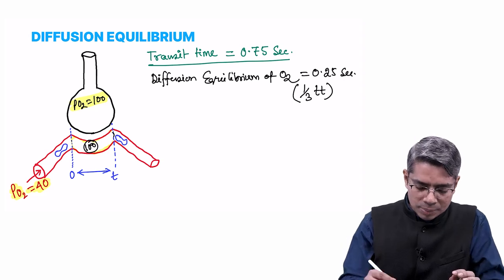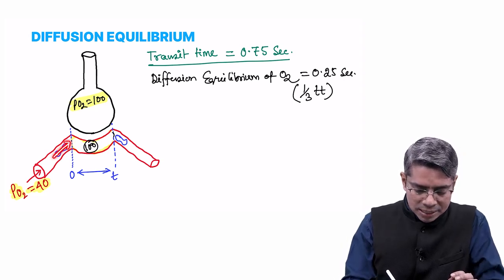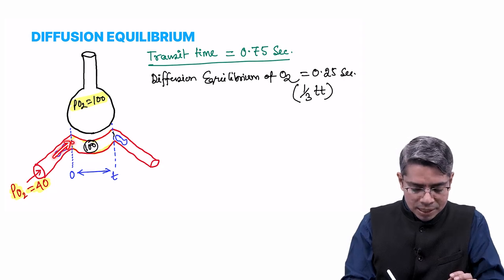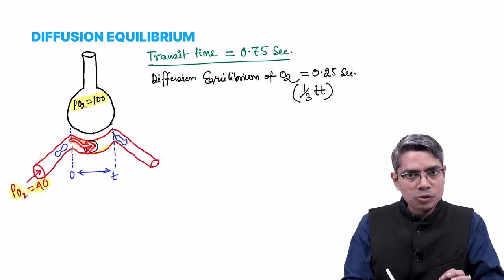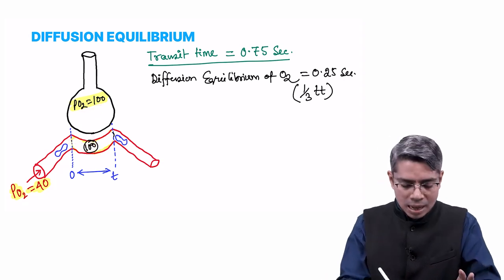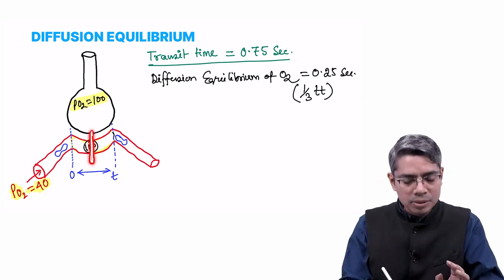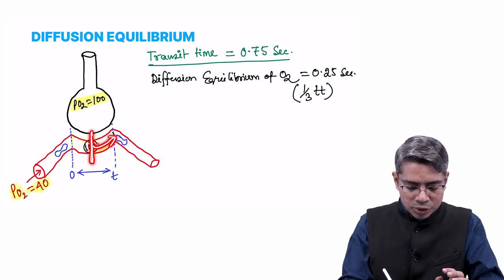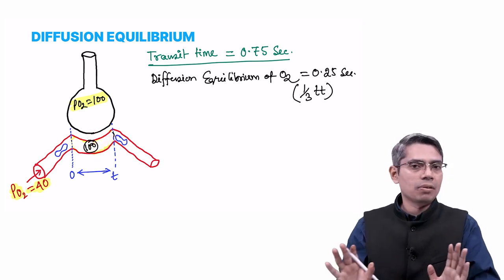So now try to imagine that whenever this fresh blood is entering at the level of this alveoli, it will take up oxygen faster, and within 0.25 second, the diffusion equilibrium between alveoli and capillary blood is going to be reached. Means after this 1/3 time point of transit time, in the remaining portion there is no diffusion of oxygen.